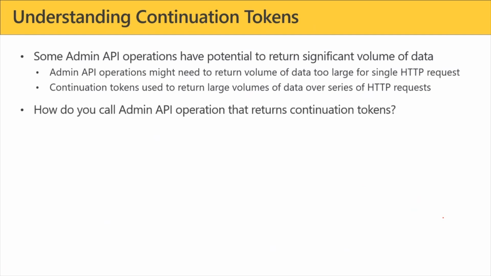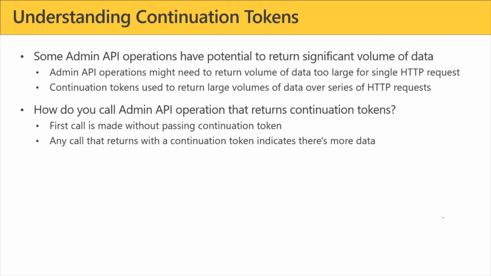Now, how do you call an API operation that returns a continuation token? We're going to see the details on the next slide, but the first call is made without passing a continuation token. The first call, you're going to pass something like the user ID or a workspace ID. Then if the call comes back with a continuation token, that means there's more data.